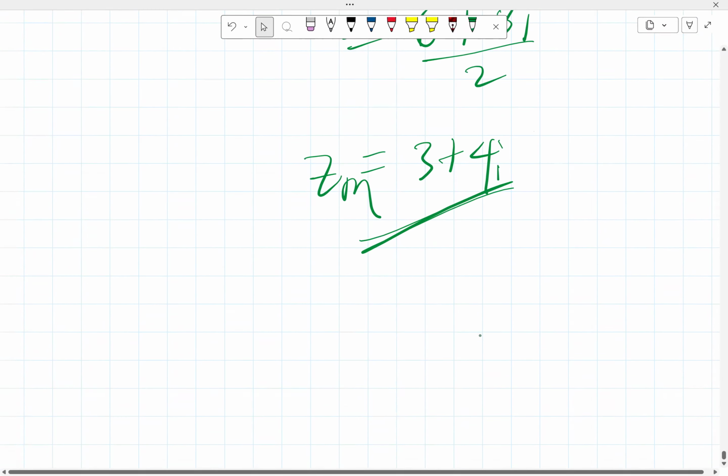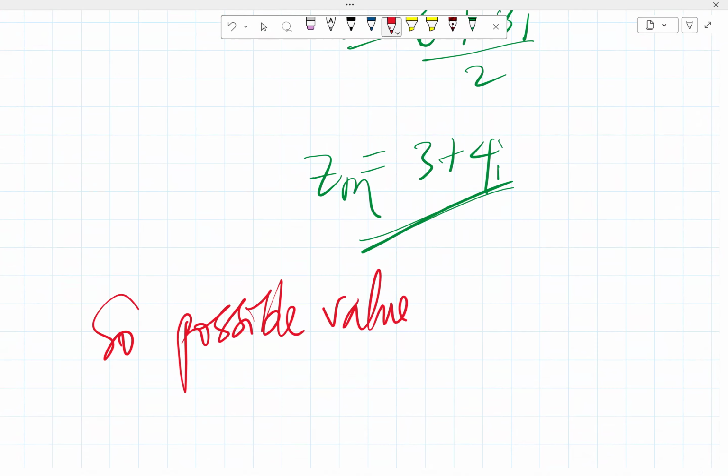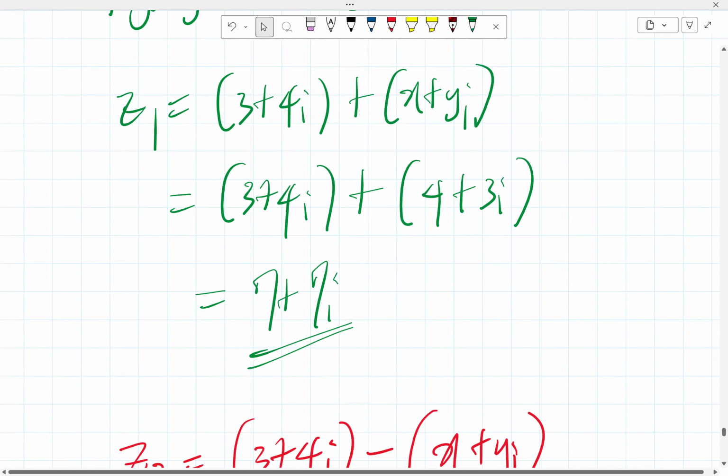So we can conclude. Possible values of z1 and z2 are, what's the first one now?